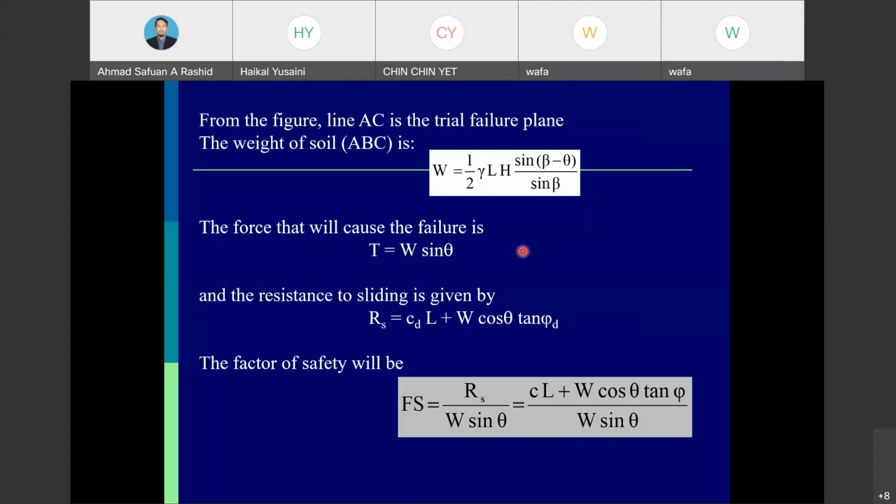Or you can look in any reference book to find how to determine the W of the block, which means the area multiplied by the unit weight. The force that will cause the failure is T equal to W sine theta. So this is the driving force.